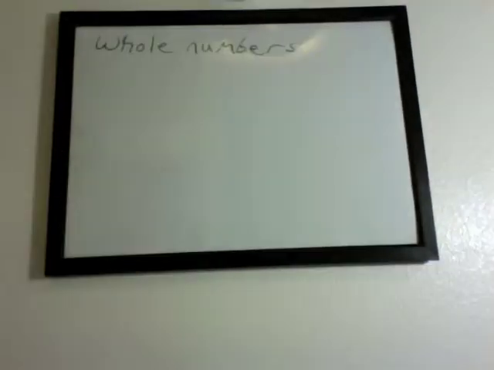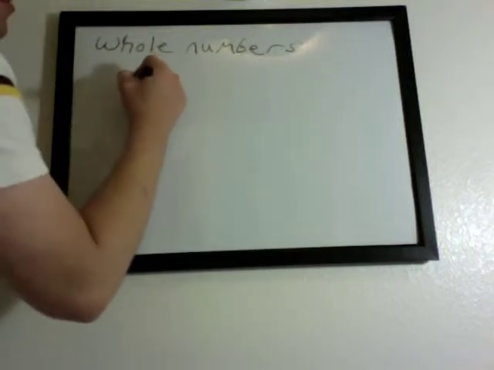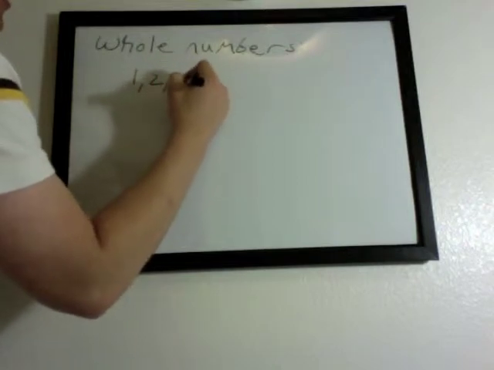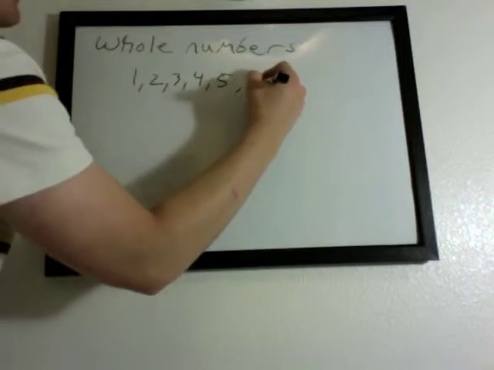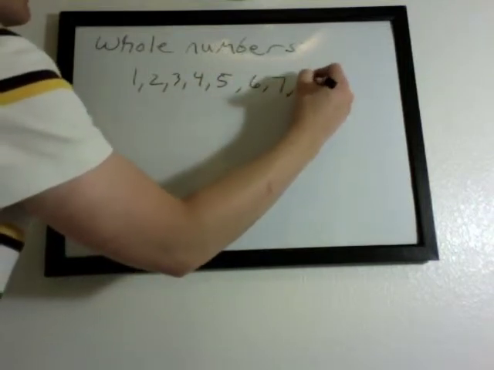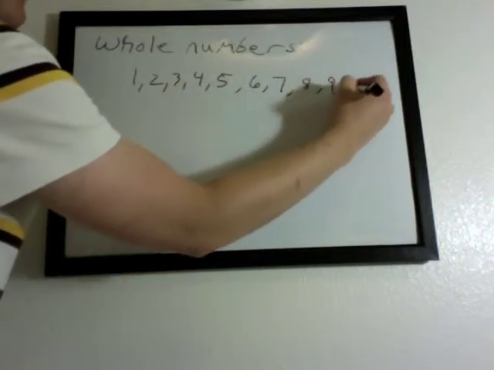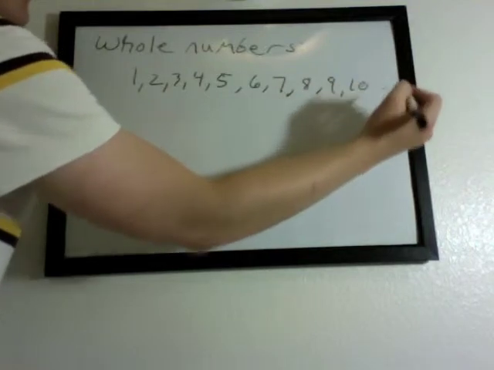Now, let's talk about whole numbers for a second. Whole numbers are like numbers you would call counting numbers. For example, 1, 2, 3, 4, 5, 6, 7, 8, 9, 10, and so on and so forth.